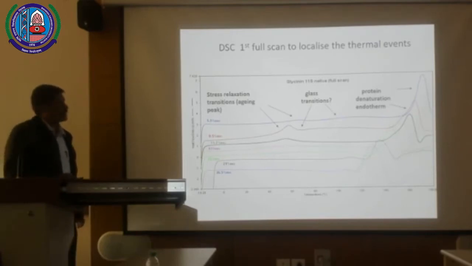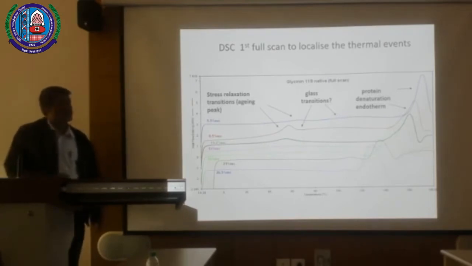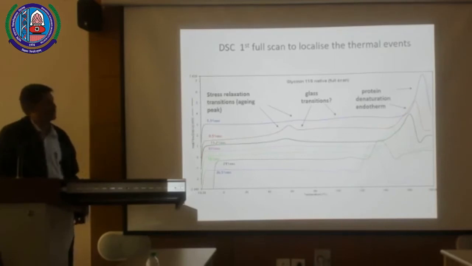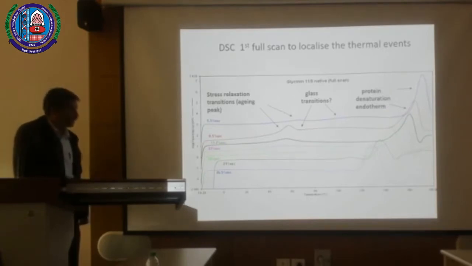The glass transition temperature is already there, but we cannot see it on the first scan, due to the overlapping nature; the slope is not big enough to integrate to get the glass transition temperature. This is the protein denaturation, meaning the denaturation temperature, which decreases with increase in moisture.